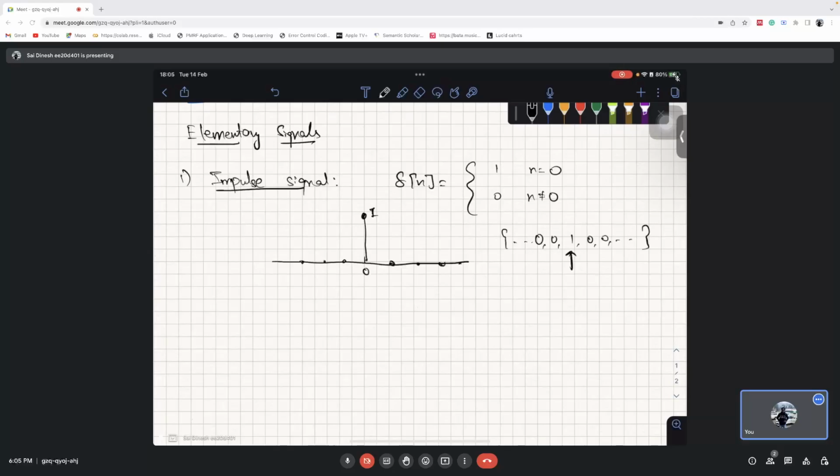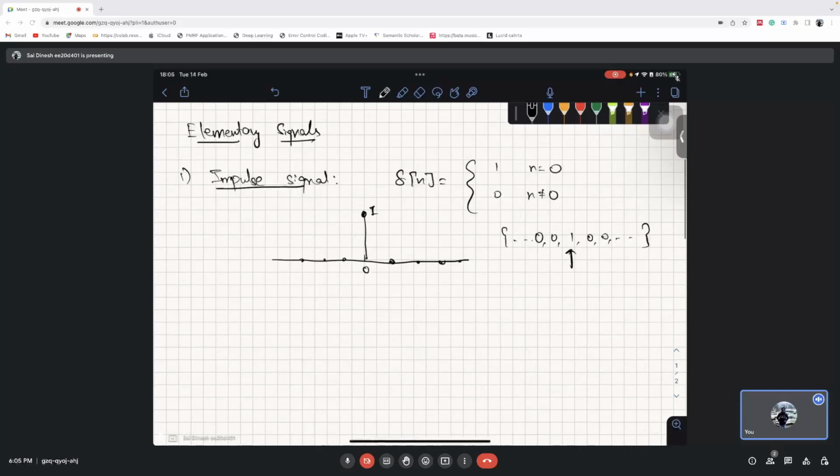So this is a discrete time impulse signal. It is a fundamental signal, and a very important signal that we discuss, because later in the course we'll be talking about the impulse response of a system. As you will see later, every discrete time signal can be represented as a summation of shifted and scaled versions of the impulse signal.